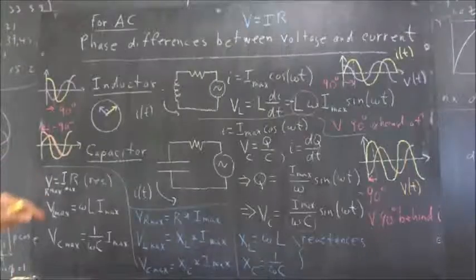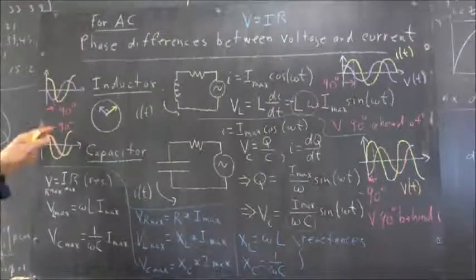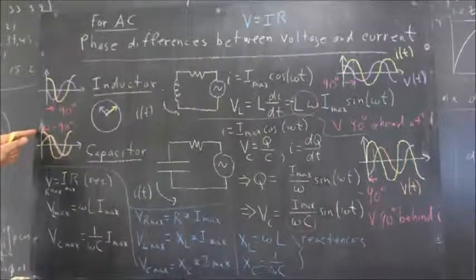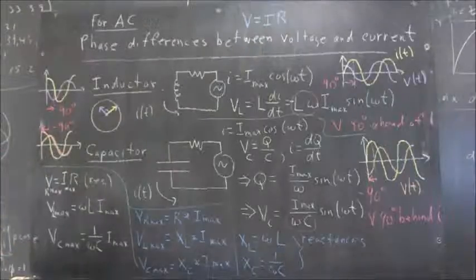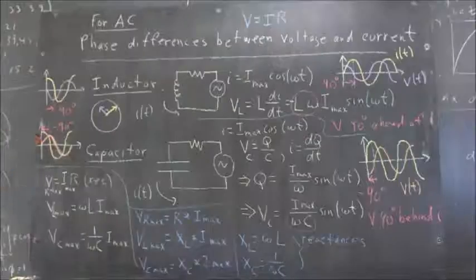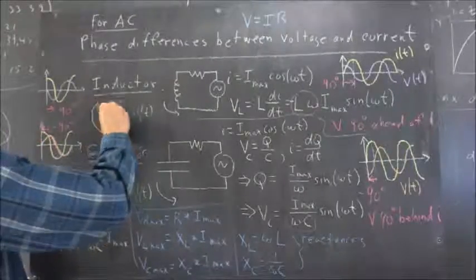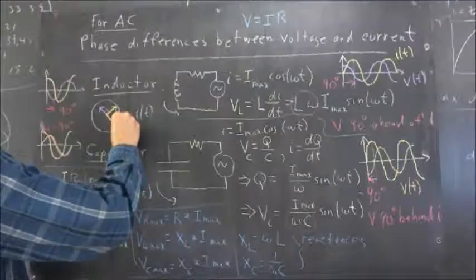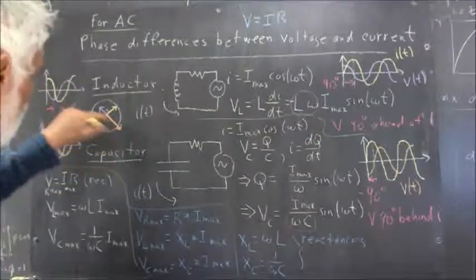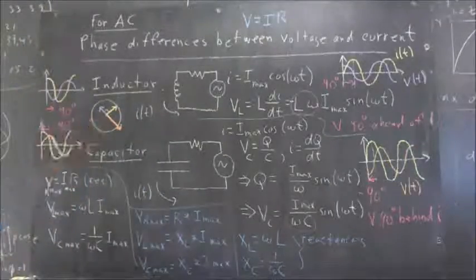Okay, here's your capacitor voltage. You go 90 degrees from the capacitor voltage toward the inductor, toward the current. The current is going to precede the voltage by 90 degrees, which is going to give us a phasor with 1 over omega C governing the length of this vector.